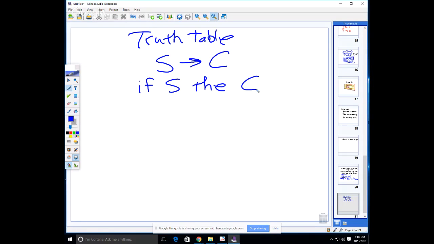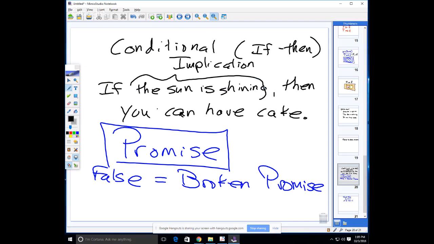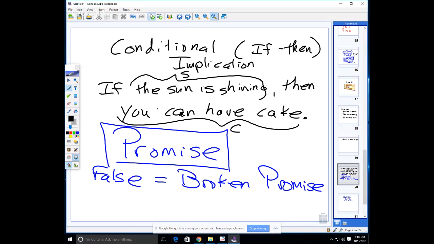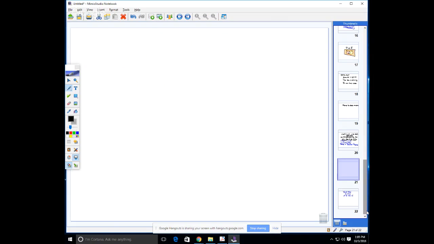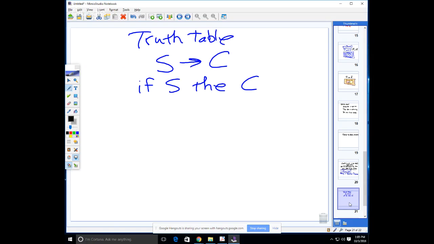So just backing up a page. That right there is what I'm referring to as S. And this right here is what I'm referring to as C. If S, then C. And the way a truth table works, you just write down your first statement, S, for a column heading for a table.